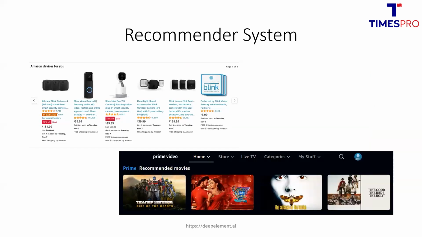Similarly, a recommender system. All of you might have used some kind of e-commerce site or some OTT platform, where the e-commerce site recommends products and the OTT platform recommends movies or TV series. Here also, when they are making recommendations, the way they store the data is they transform the product information or the movie information into a form of vector.